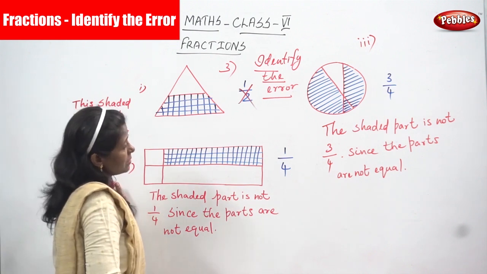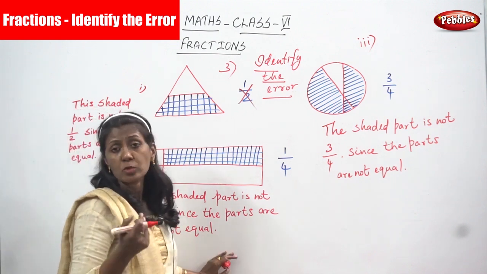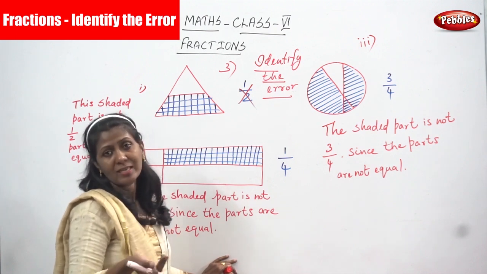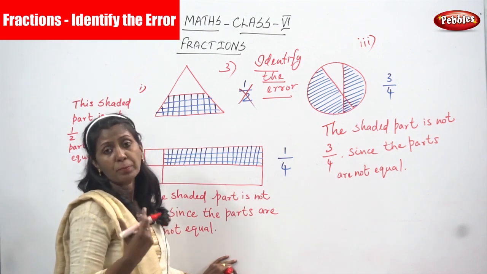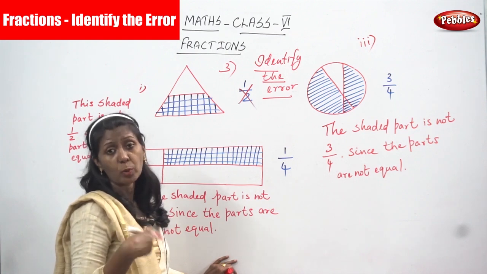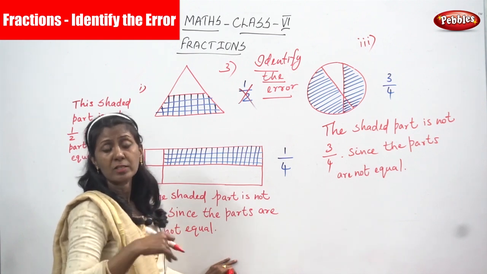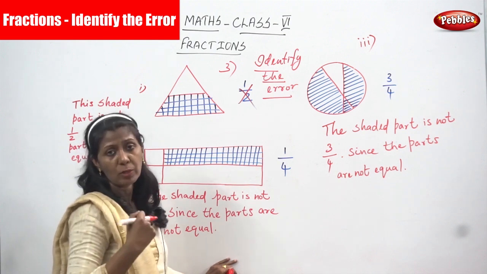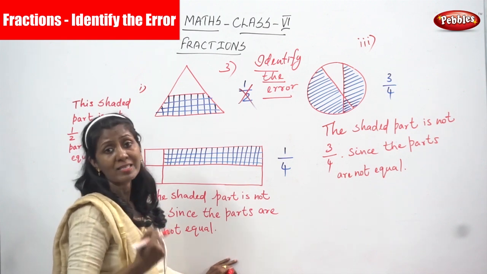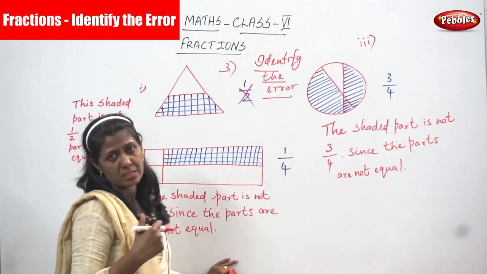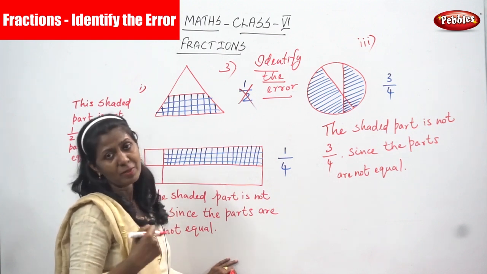While you go for a fraction, you have to cut into equal parts, then shade the parts given in the fraction in the question. First, whatever the object you have taken, you have to cut into equal parts. From the total number of equal parts, you take out a particular number of parts.